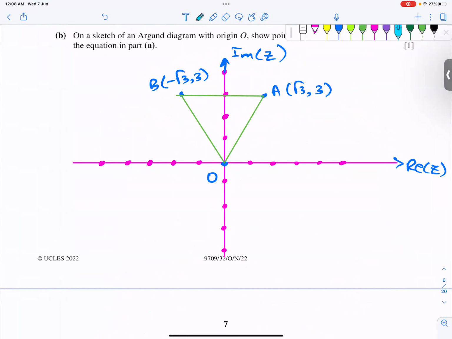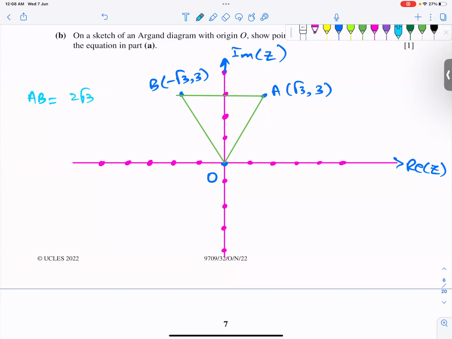If I do the calculations, what is AB, the distance between A and B? Clearly this distance is 2 square root 3, because this part is square root 3 and this part is also square root 3. So AB will be 2 times square root 3.